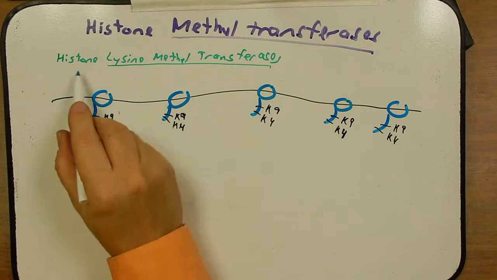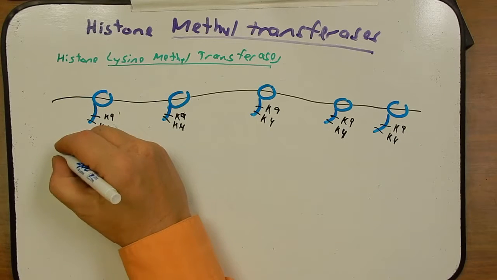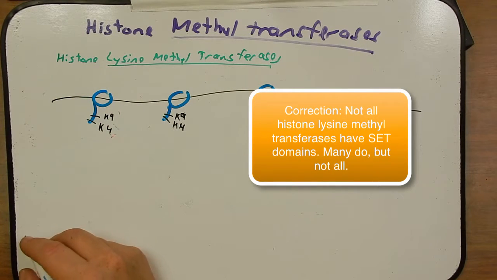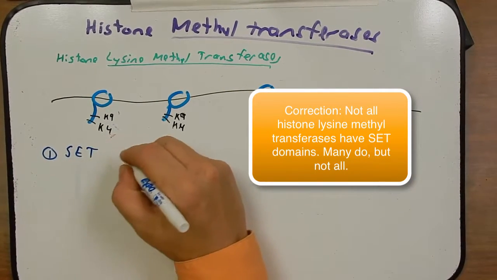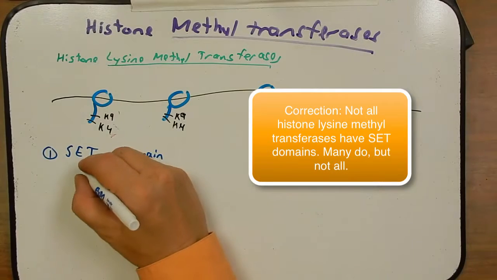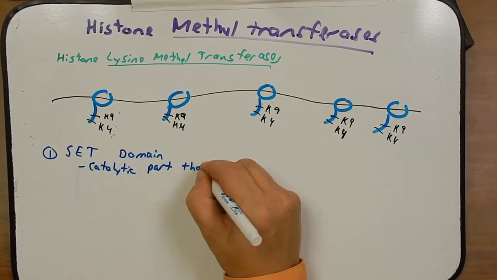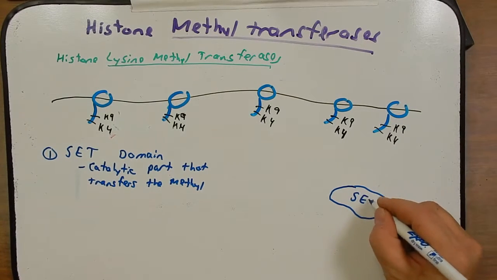Let's begin talking about these histone lysine methyltransferases. And one thing that we need to mention is that all of these histone lysine methyltransferases have a SET domain. The SET domain is the catalytic part that transfers the methyl group. So I'm going to start building this complex over here, and this is going to be SET.